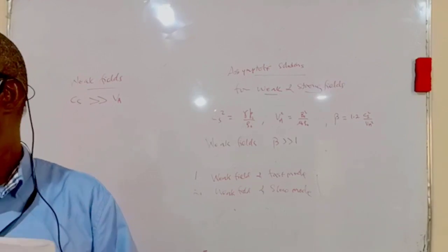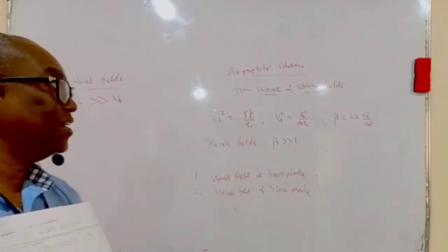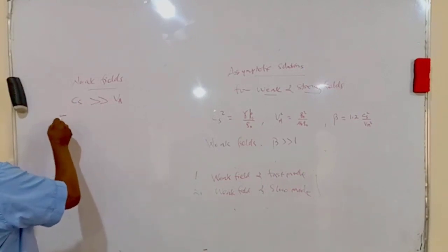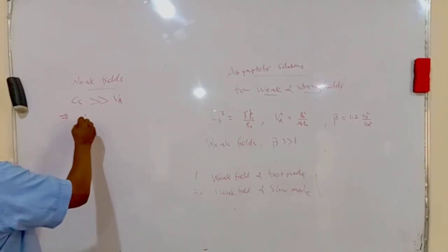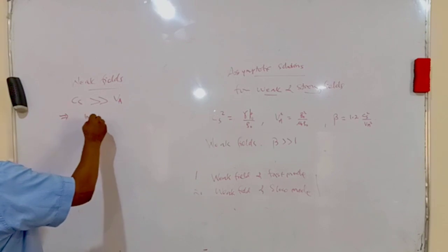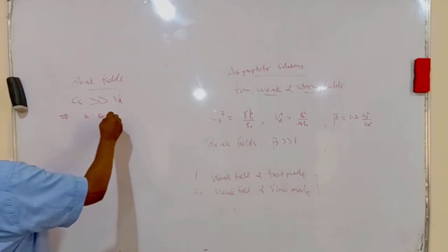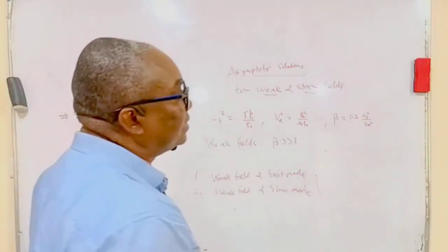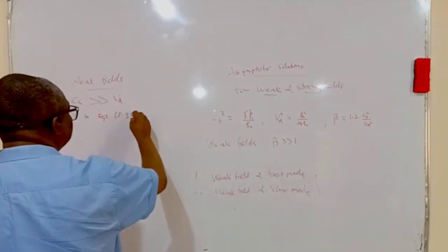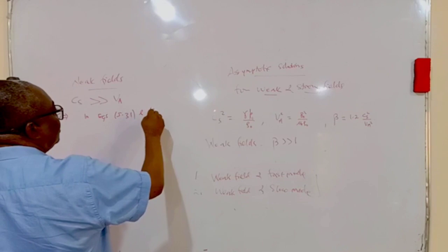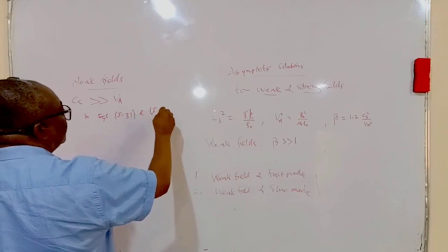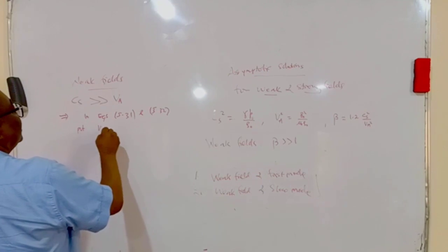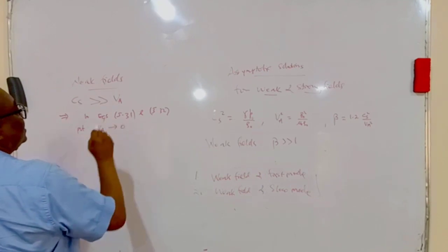VA. Now, this will imply that in equations 5.3.1 and 5.3.2, put VA approximately tending to 0.